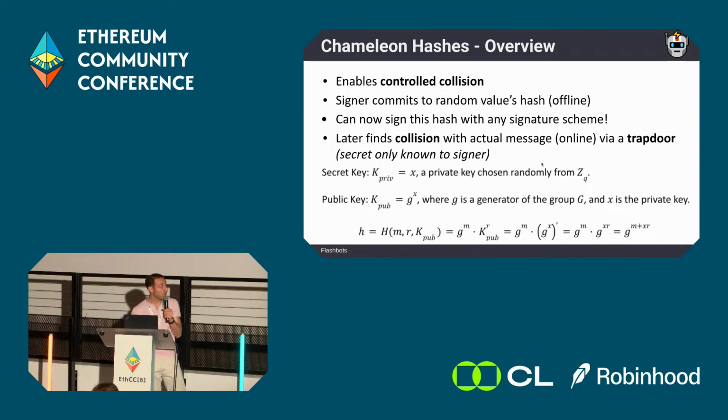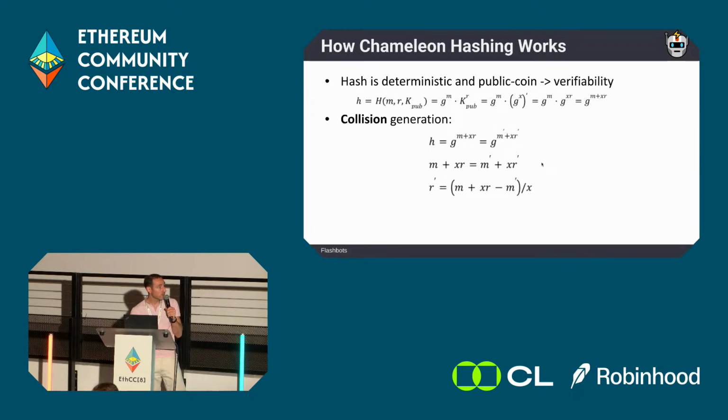Interestingly, we've not seen the magic in it yet. What's relevant for that is that we want to be able to generate these collisions. How do we do that? Well, we've got our first equation that we had before, and now imagine the same equation. We want the same hash, so this h value. We want it for a different m prime, and a different random value, r prime.